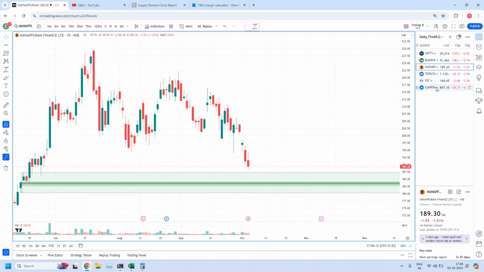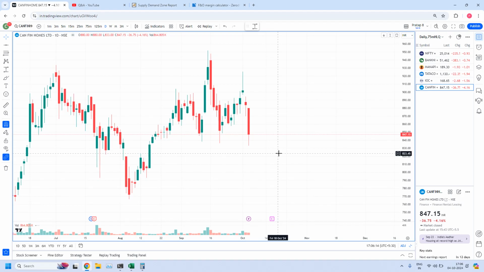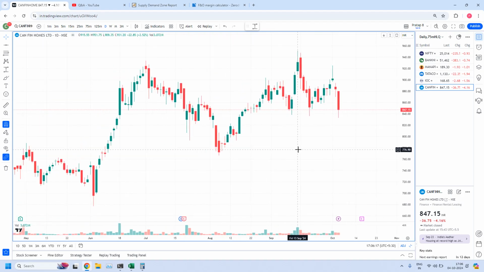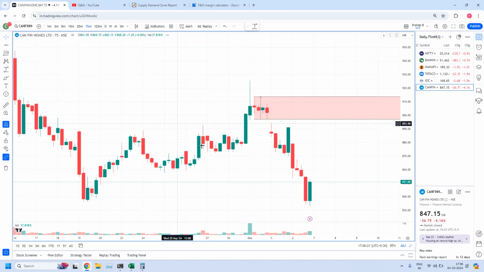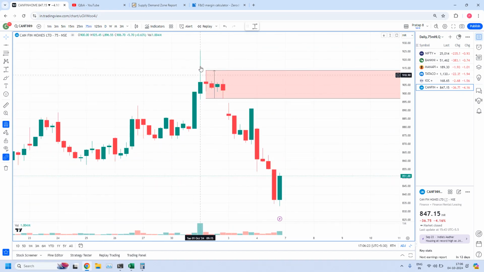And the last one is Canara Bank, Home Finance. This is a 75 minutes supply zone. We have a drop candle. This is not a rally candle. You have to see the dynamic view. Failed ERC, you should consider this as a drop candle. And 1, 2, 3, 4 base candles, and again a drop candle with hidden body.